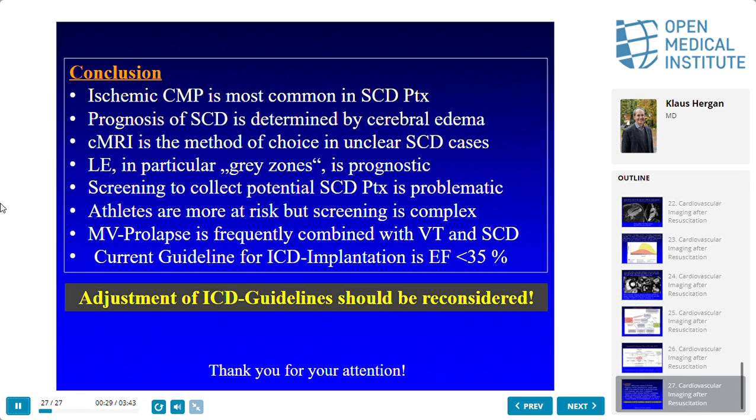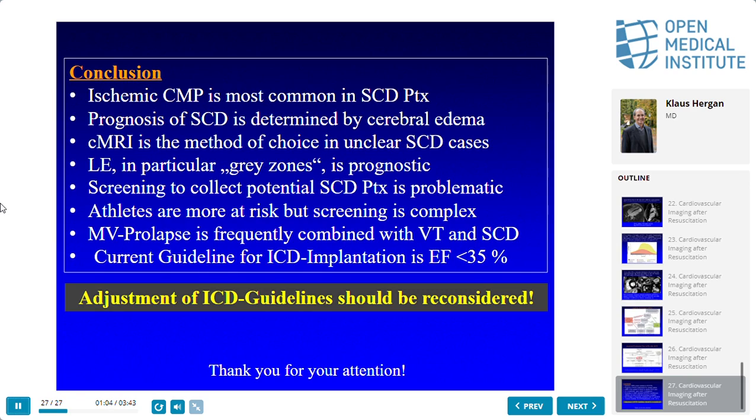And cardiac MRI is the method of choice in unclear cases of sudden cardiac death because late enhancement is a very important prognostic tool, and gray zones are in particular the most problematic area. Screening is problematic even in the normal patient population and also in this special population, athletes. It's very complicated, and you need a huge amount of people examined to find something.